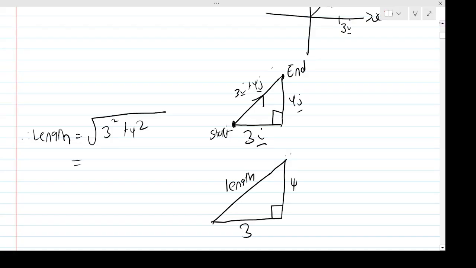That gives root 9 plus 16, which is root 25, which is just 5. So the length of the vector, the length of the path to get from one point to another, is 5 units. Could be 5 meters or whatever, but it's 5. So the length is 5. That covers one question about the length of a vector, but what about the direction?